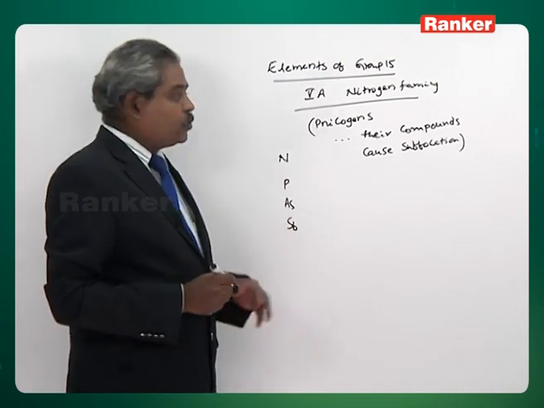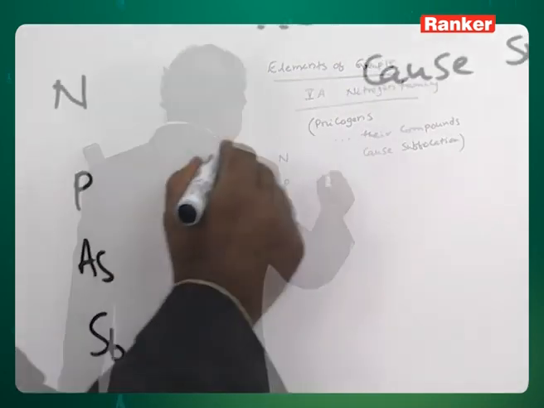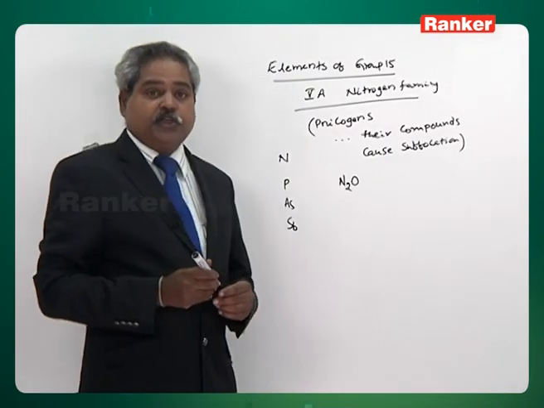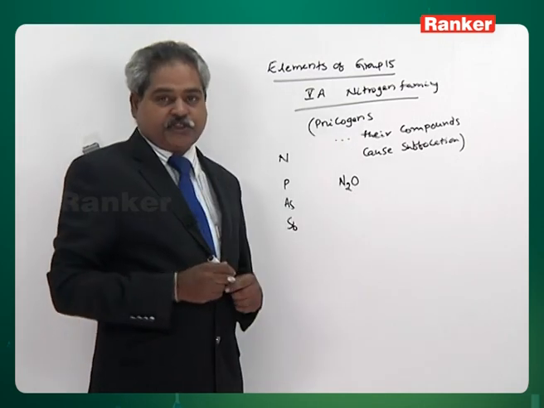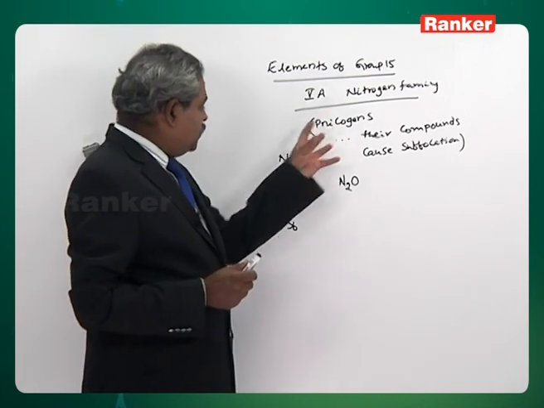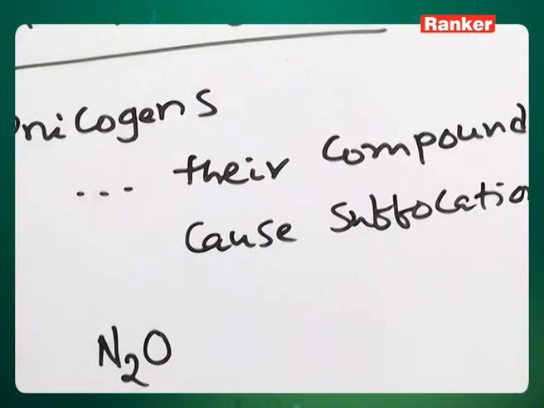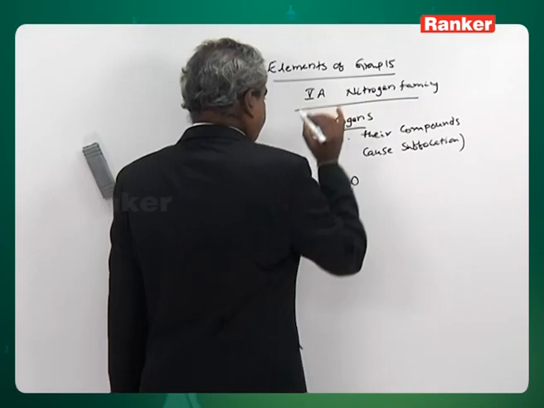So, you know, nitrous oxide, N2O, which is called the laughing gas, is used as the modern day anesthetic, used in surgeries. So, their compounds of group 5, they cause suffocation, therefore they are called nicogens. I repeat, you need not be interested in such names.